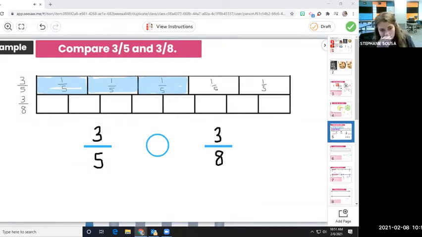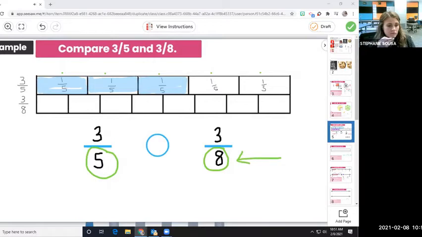I notice that both of my denominators are different, which is why in my models I have them partitioned differently. In the top model, I have it partitioned into 5 equal parts: 1, 2, 3, 4, 5. But on the bottom model, it's partitioned into 8 equal parts because I'm showing 3/8.